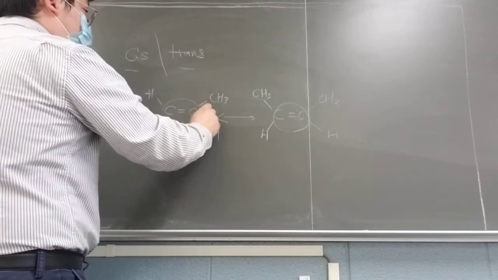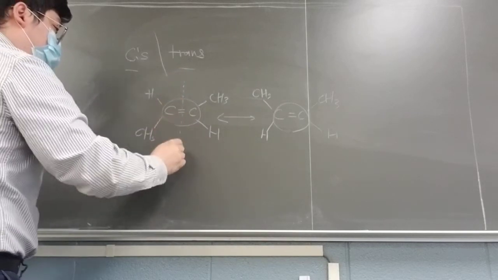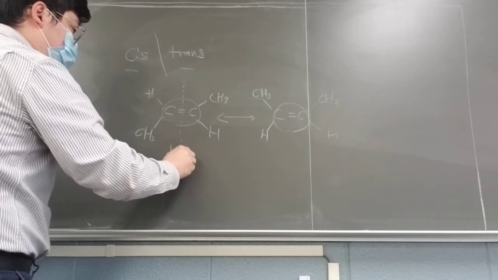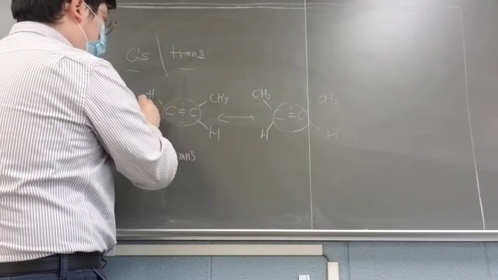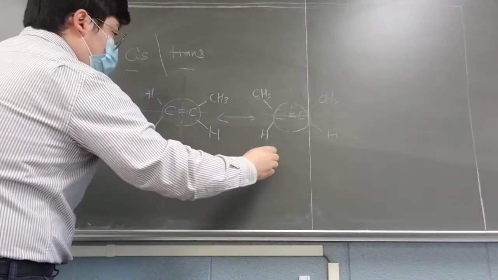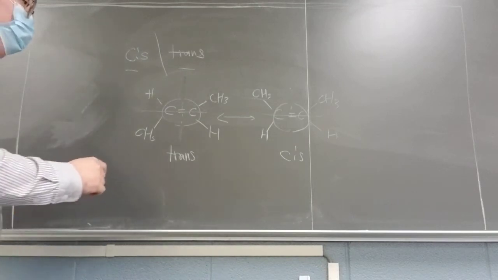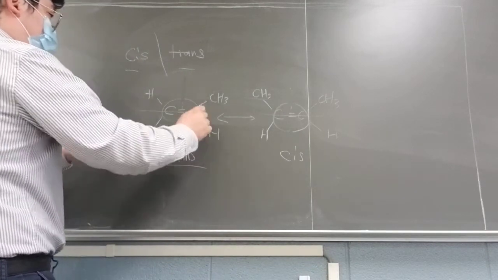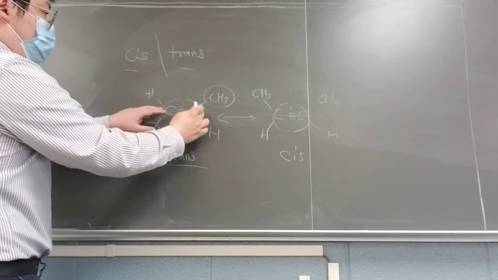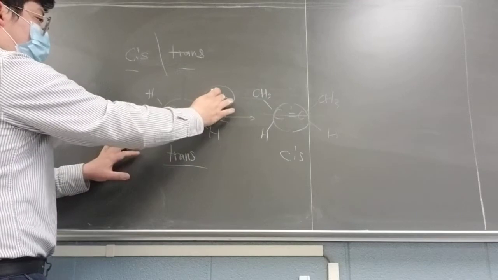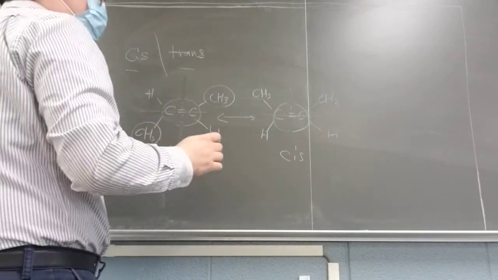So we name these two differently by putting this one as the trans, and this one is the cis. In the trans case, the two R groups on this double bond are on opposite sides, across from each other.